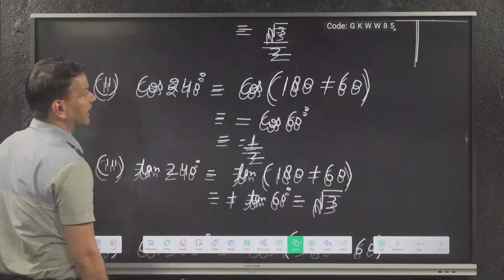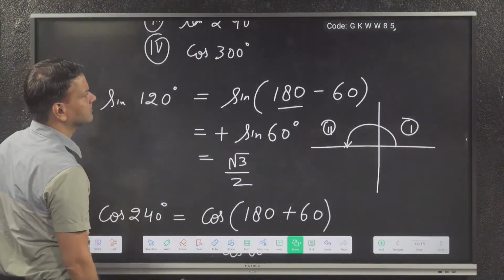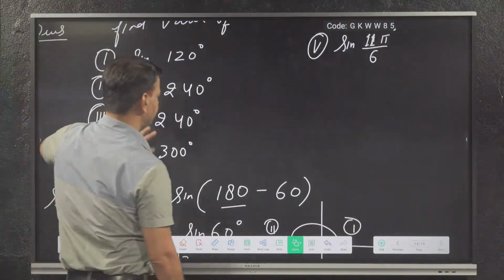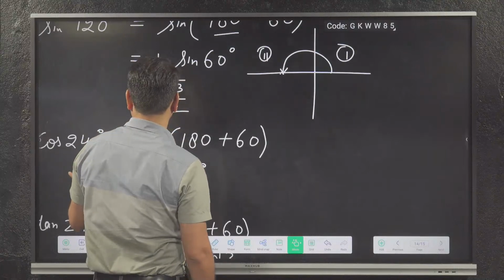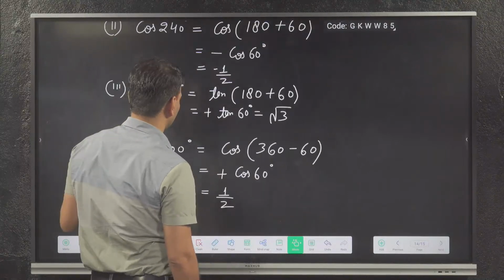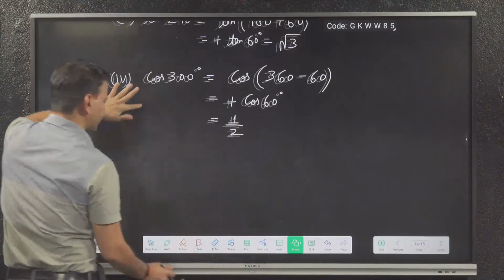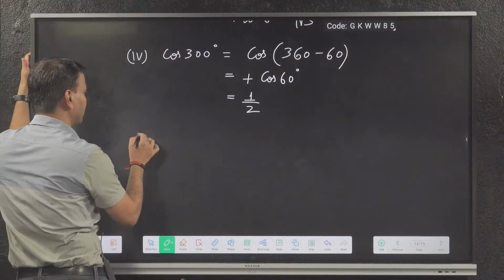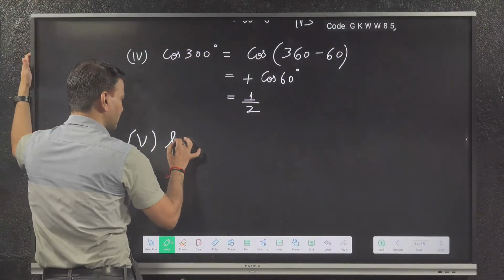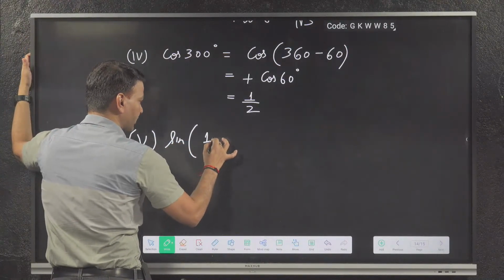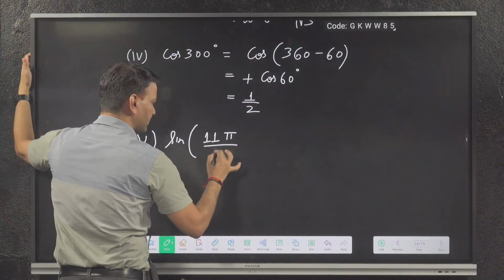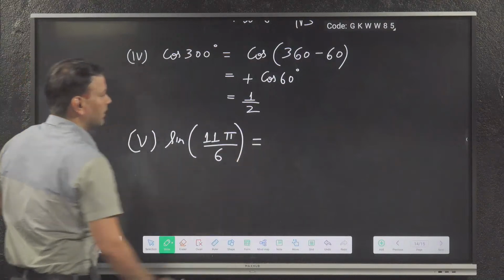Next I gave sine 11 pi by 6, just to show how to use the pi. So sine 11 pi by 6.